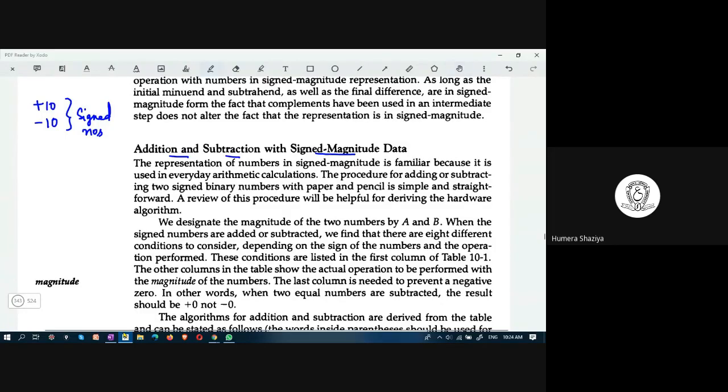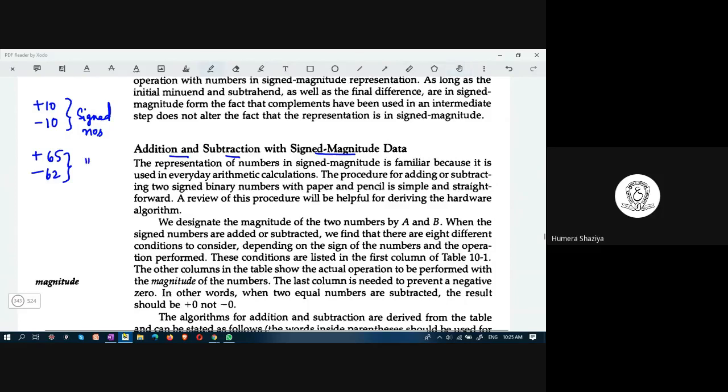If you have plus 65, minus 62, what are these numbers? These are also known as signed numbers.